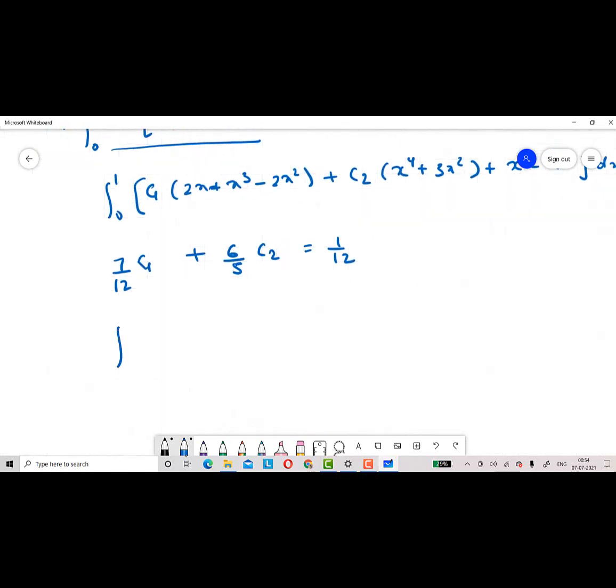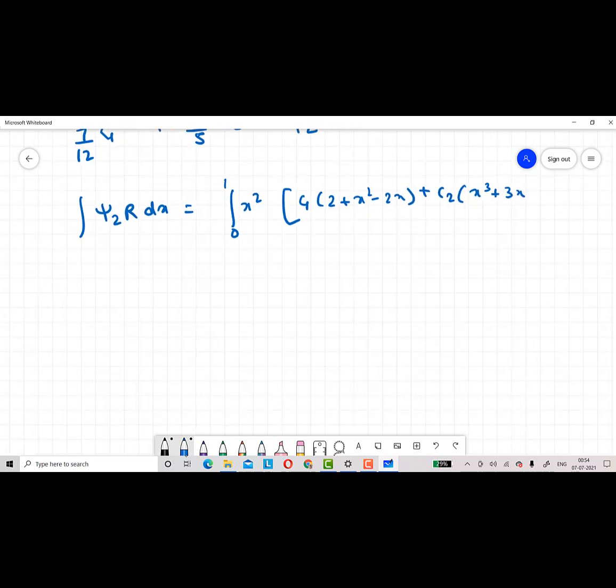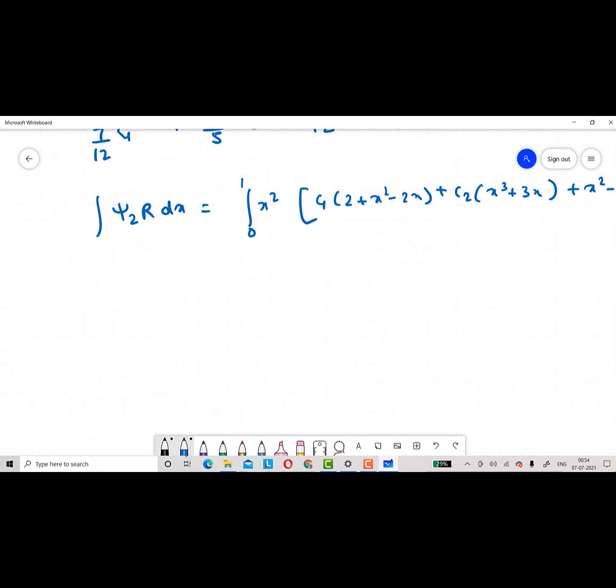The second equation is the integral of psi2 R dx equals 0. Psi2 is x square, limit 0 to 1, and we will put in our residue, which is C1 (2 plus x square minus 2x) plus C2 (x cube plus 3x plus x square minus x) dx. We will solve this term.